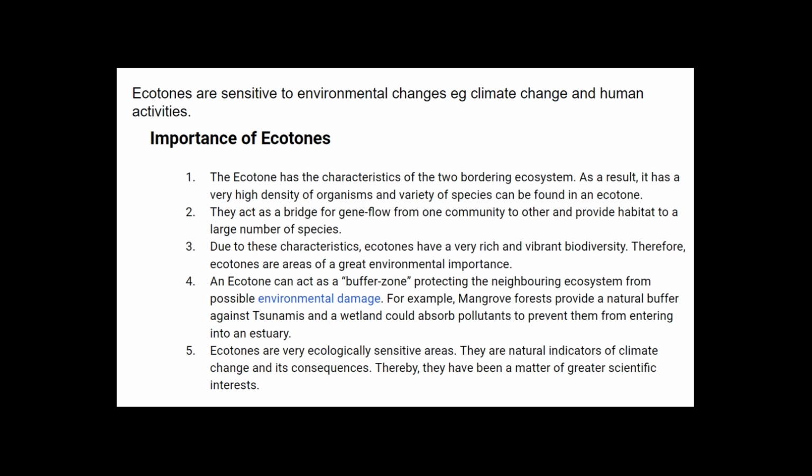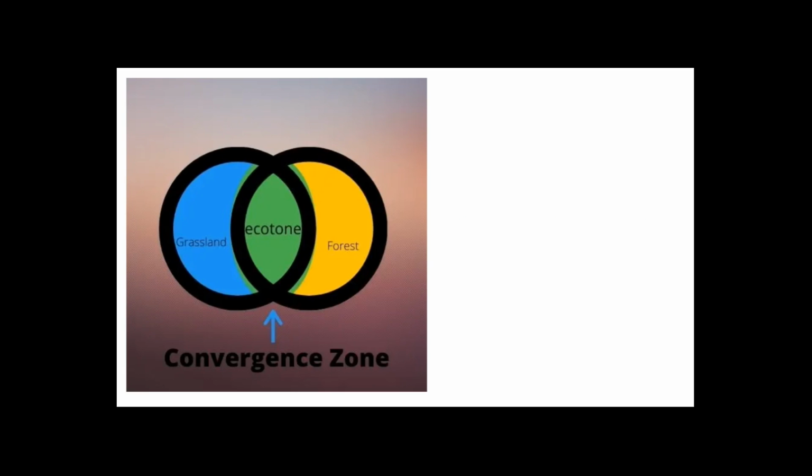And the wetland can absorb pollutants to prevent them from entering the estuary. And ecotones are very ecologically sensitive areas. They are natural indicators of climate change and its consequences, and they are a matter of great scientific interest. So you can think of a grassland or forest, and what lies between is called an ecotone.